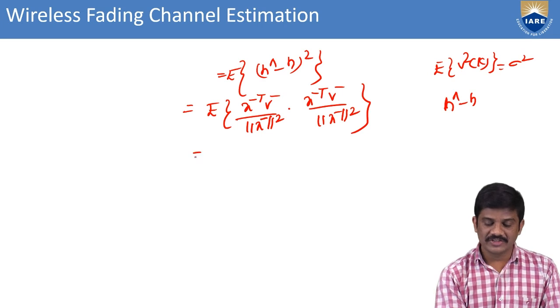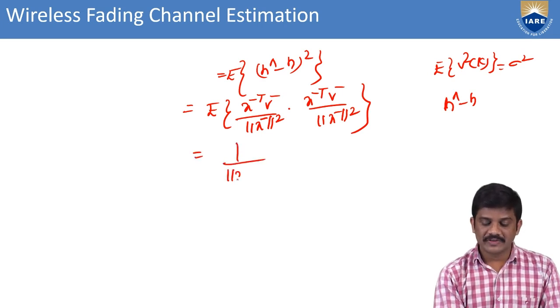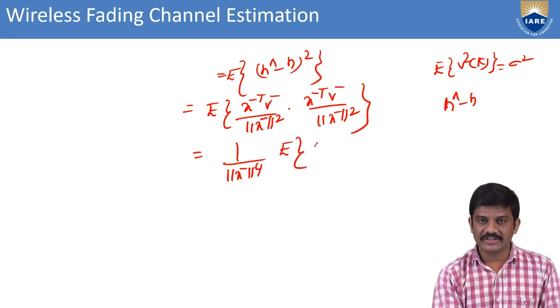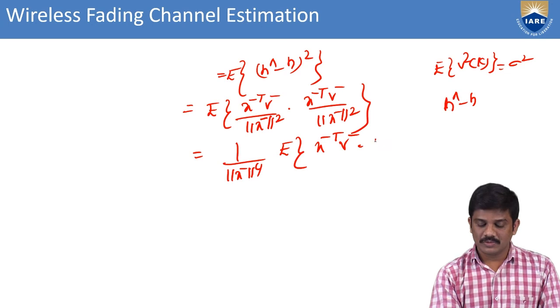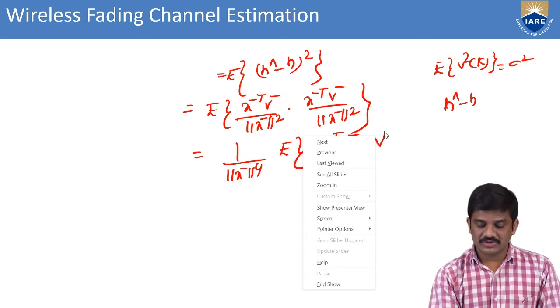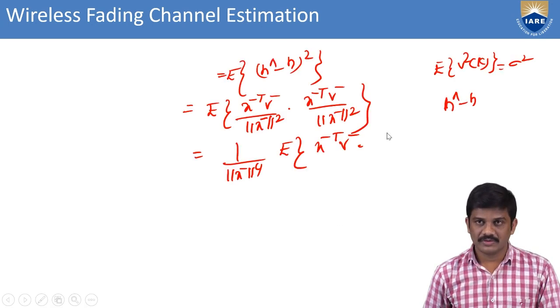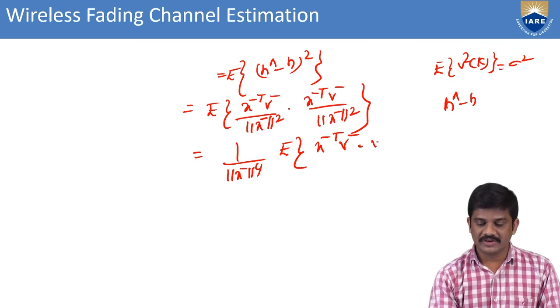Then I consider x bar whole power of 4, estimation of the remaining one, x transpose v bar into v transpose and x bar.